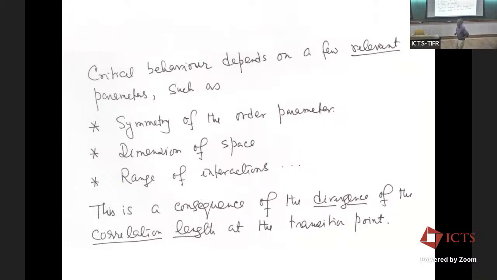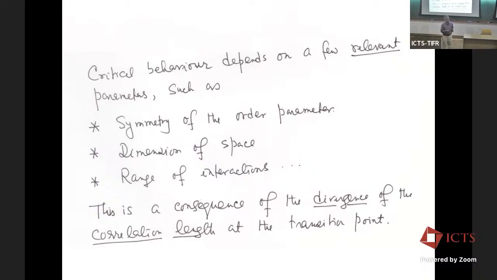Understanding of this universality comes from the fact, and this is something that I want to emphasize and spend some time on, that there is a characteristic length scale in the problem, which actually diverges at the critical point.